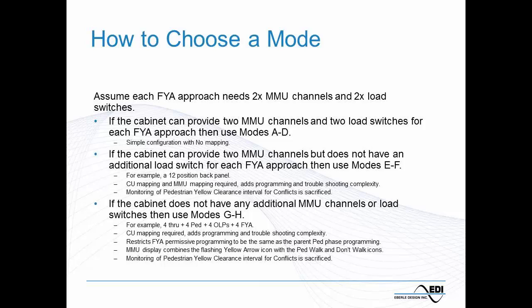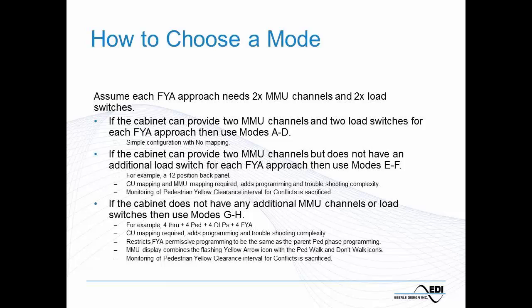The worst case is the cabinet does not have enough channels or enough load switches to add the paired channel combinations. That's when we go to mode G and H. So again, with mode G and H, as you can see, the list of challenges grows, but if that's what we need to get the job done, with mode G and H, we can provide 4 through phases, 4 PEDs, 4 overlaps, plus 4 flashing yellow arrows.